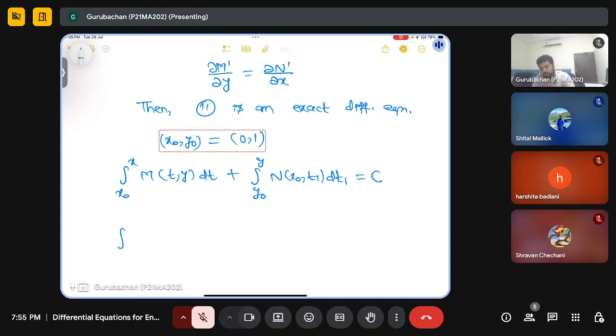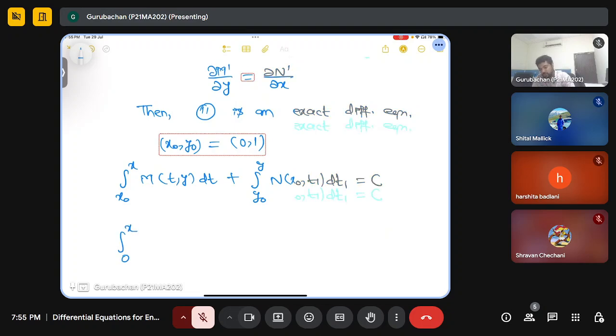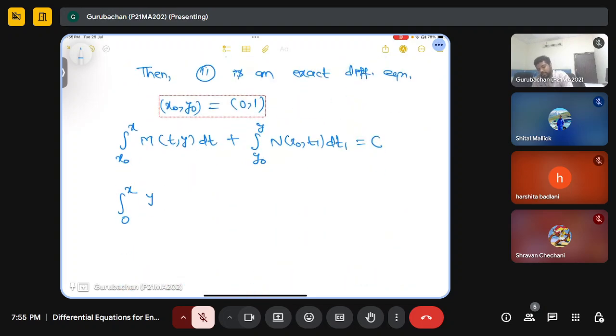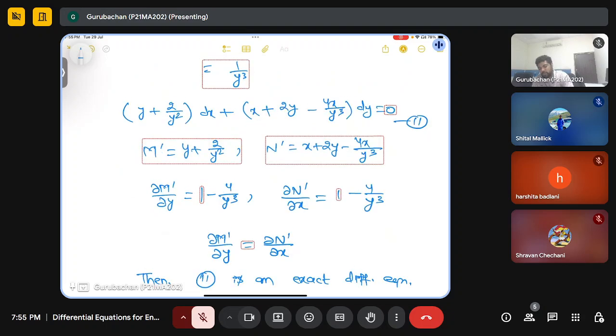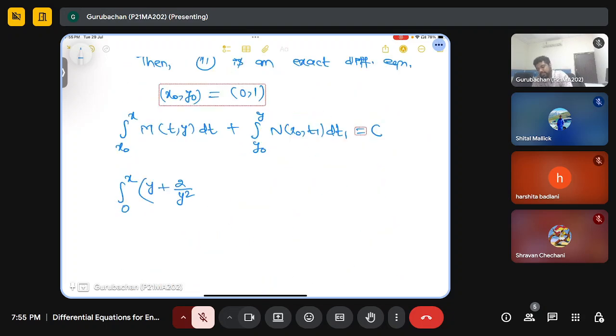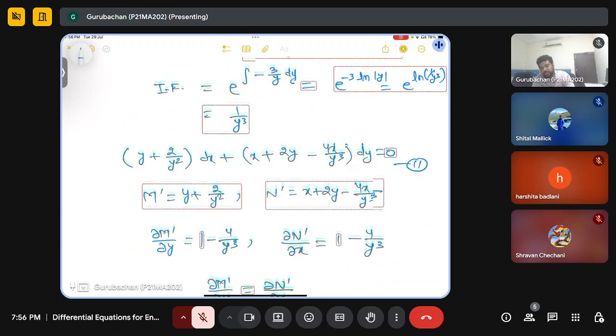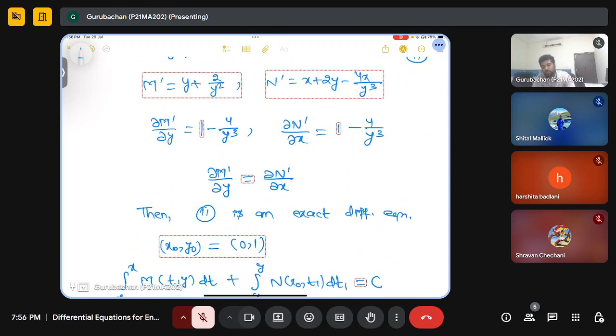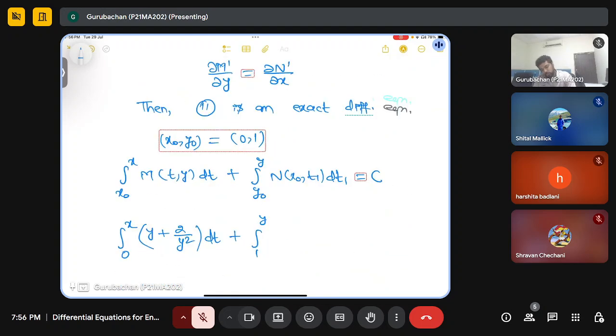So this will give you 0 to x of m at t, y. Since it is independent of x, we can directly write it as 2 by y square dt plus integral from 1 to y, and n dash is x plus 2y minus 4x by y cube. Since we have to put x naught equal to 0, two terms become 0, it will be 2t1.